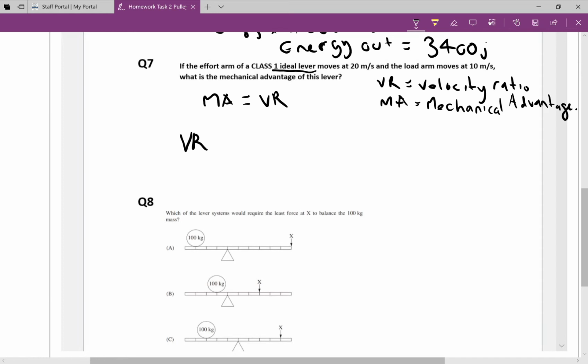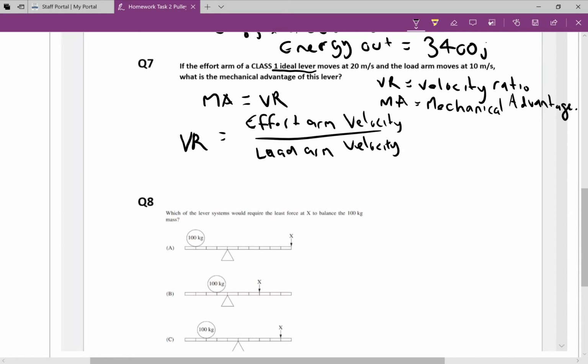Okay, so velocity ratio is just a ratio of the two speeds. So in this case, it's equal to effort arm velocity over the load arm velocity.